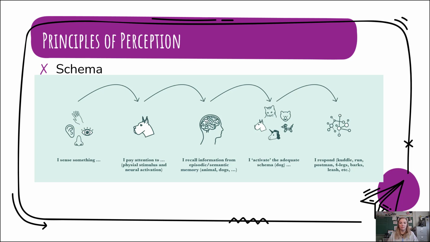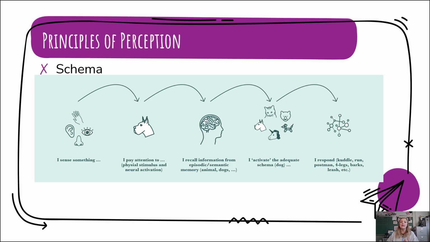As we are growing and experiencing more things throughout our life, our schema grow and change. And these schema we use to make sense of new pieces of information coming into our body. So for example, if I see an animal that I have never seen before, I might pull out that schema of a dog, pull out the file folder, and compare the new animal to the characteristics I know about the dog.